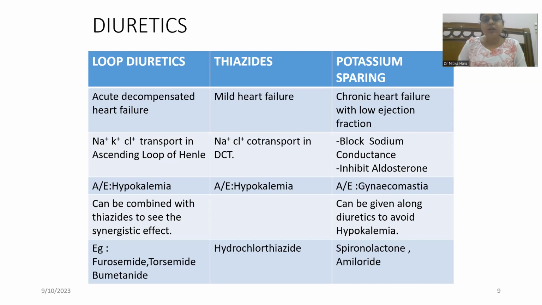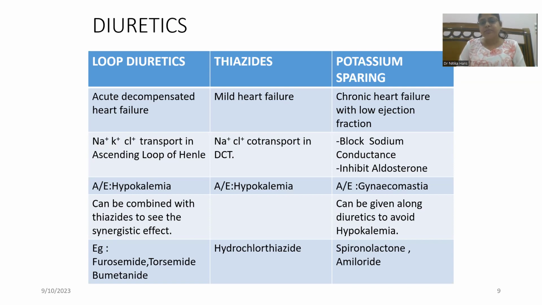The adverse effect of loop diuretics is that they cause hypokalemia. Thiazides also cause hypokalemia, and potassium-sparing diuretics cause gynecomastia. Now, loop diuretics can be combined with thiazides for a synergistic effect, and they can be given along with potassium-sparing diuretics to avoid hypokalemia.